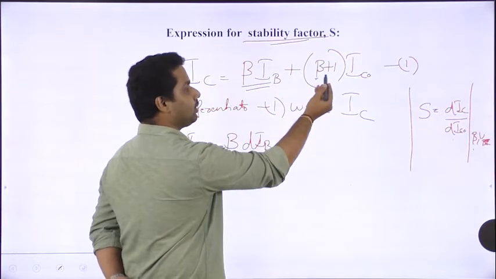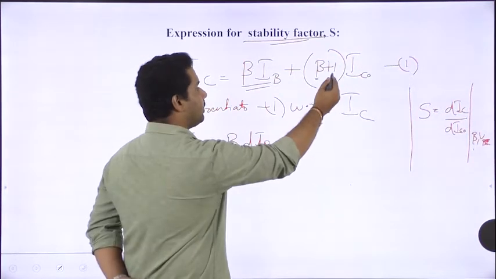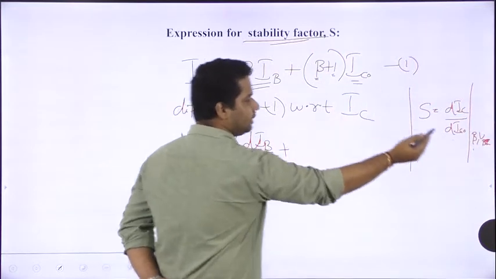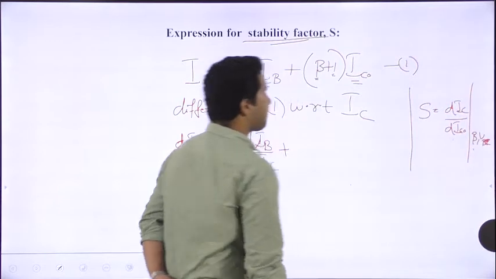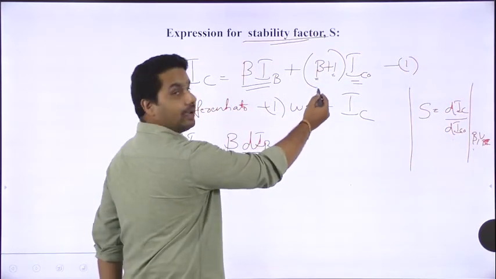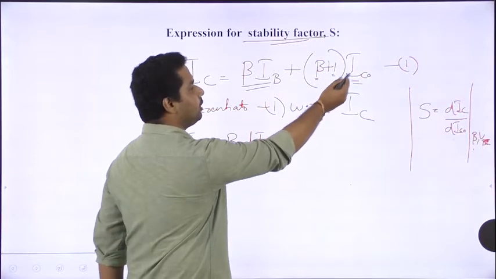Beta is a constant, this plus 1 is also a constant, and the leakage current IC naught is considered here: d by dIC of (beta plus 1) into IC naught.